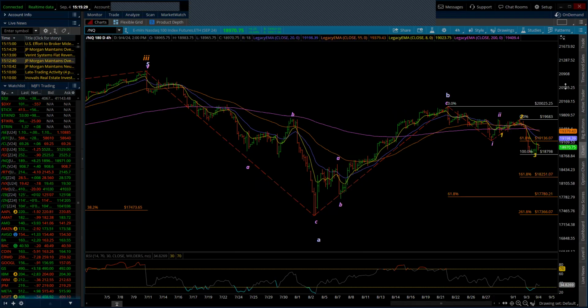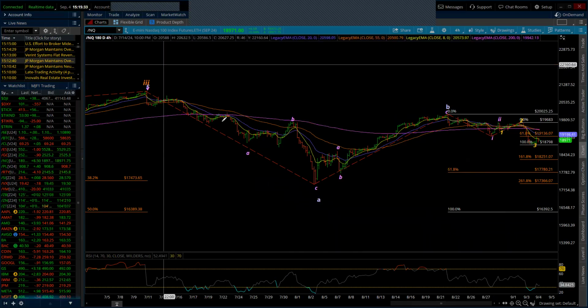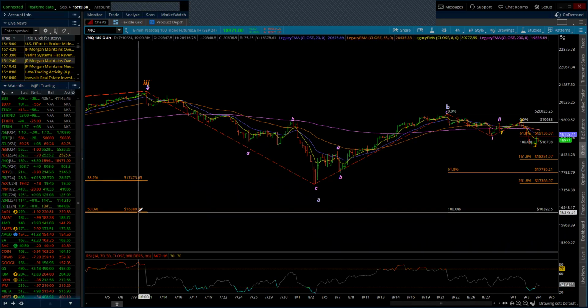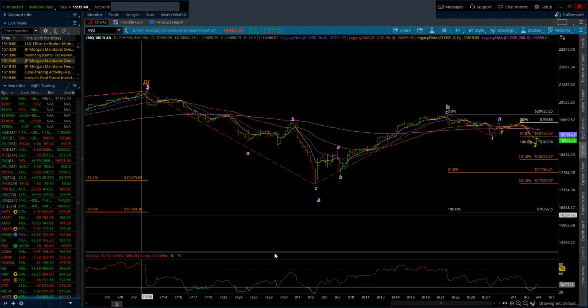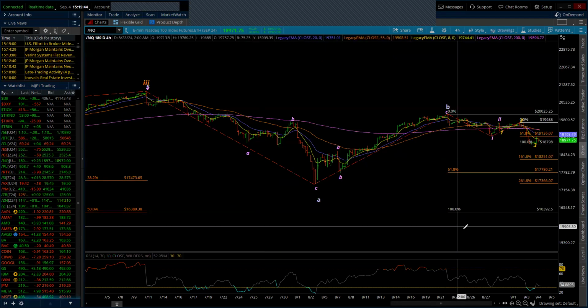That one's not going to come in. So what do we have? 100%. Wave C equals 100% of wave A. 16,392. We have 16,389. Wow, okay. That fits.